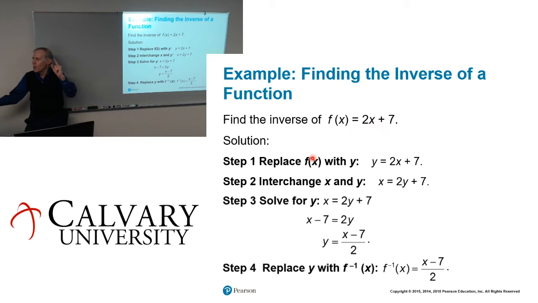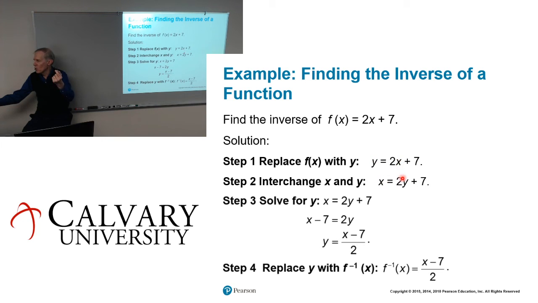First step, take out the functional notation and put in y. And you recall we've done that several times already. F of x is the functional notation, y is what you use when you are graphing. So that's first step. Then you interchange the x and the y values. So where the y is, you put an x.